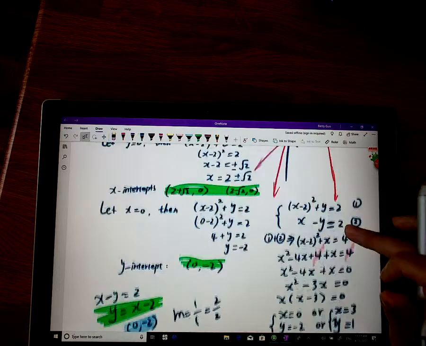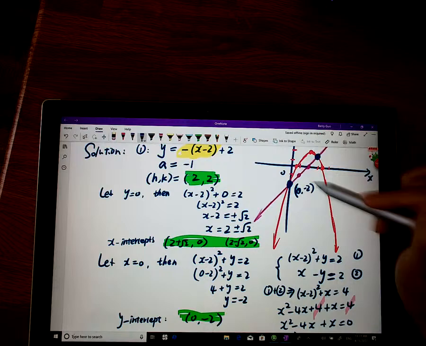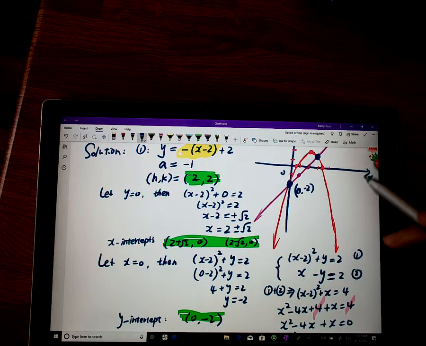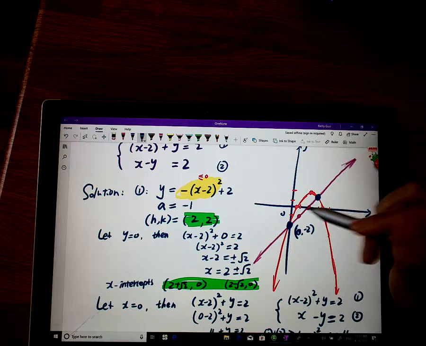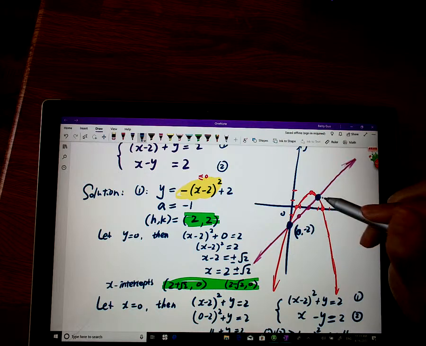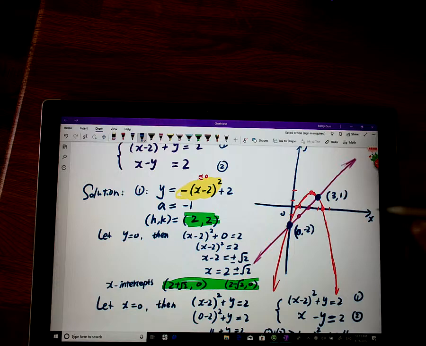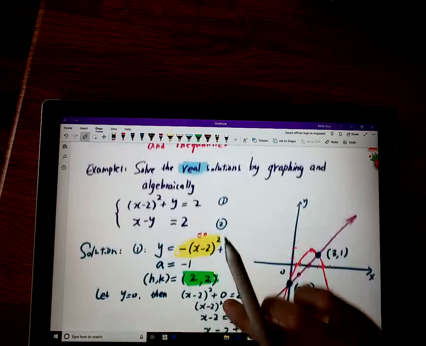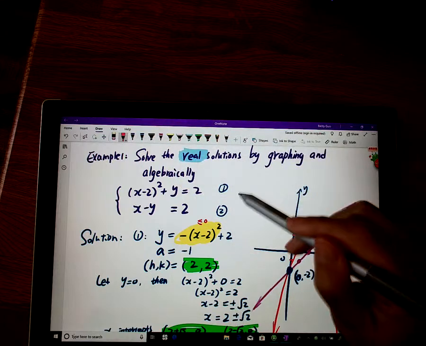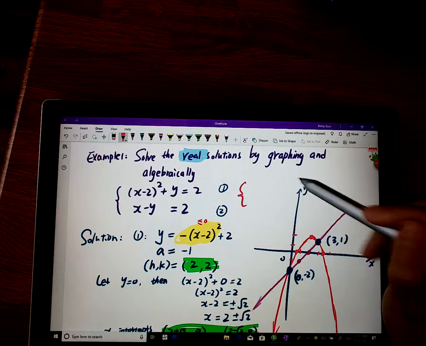Okay, so 0 comma negative 2, we have it already here. And the other one, 3 comma 1. So my graph is pretty accurate. So that's how we find the solution set of the system. If you need to make a conclusion, you can write those words down.